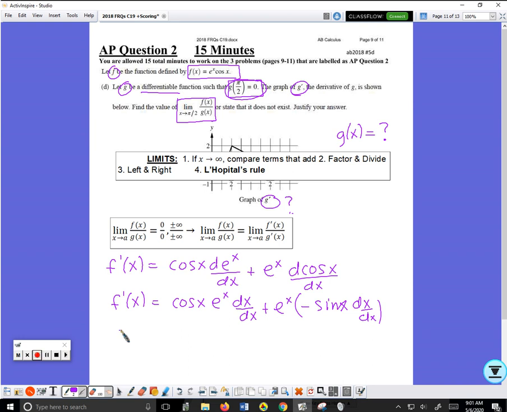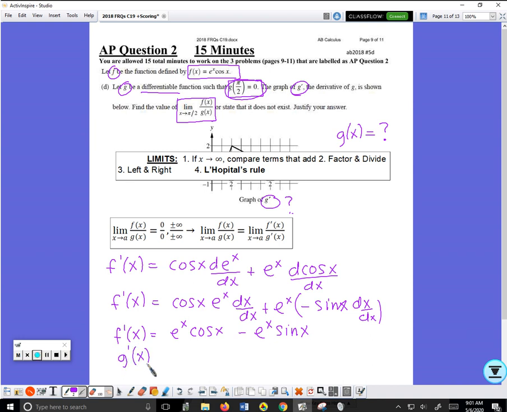So my f prime is e to the x cosine of x plus, actually minus, e to the x sine of x. For g prime, I have no formula for g, but I do have a graph of g prime.